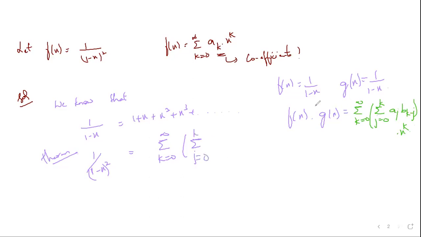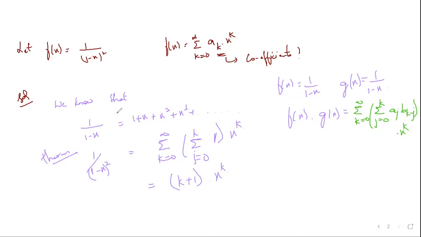What are the coefficients a and b of these series? Both are 1. So we will be writing 1 into x power k. Now when we expand the summation from j equal to 0 to k, each time we add 1, so this can be written as k plus 1 into x power k.